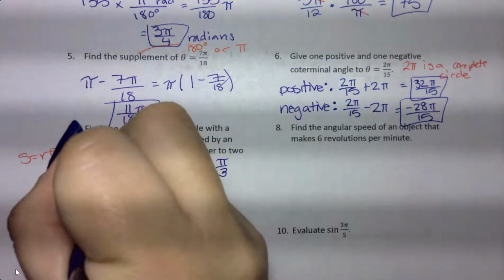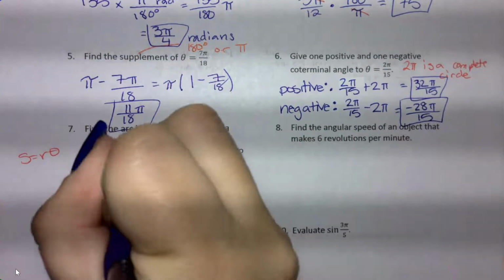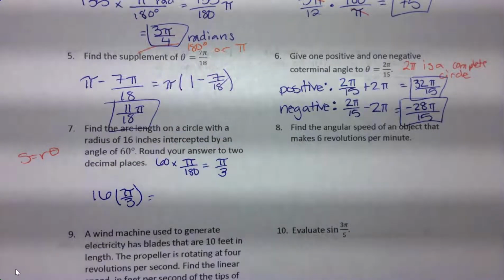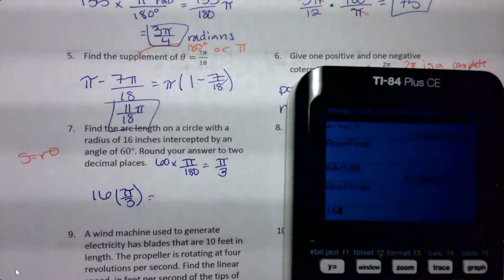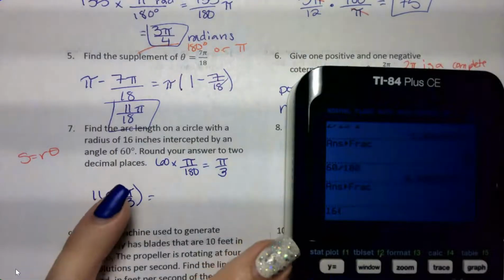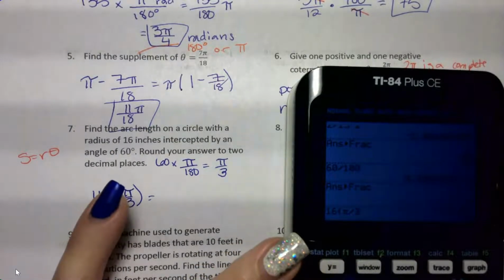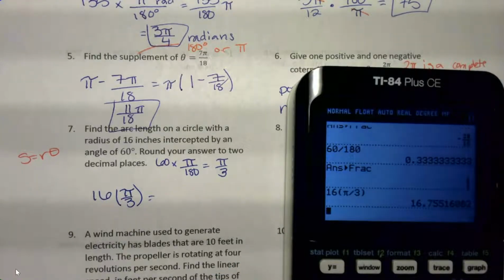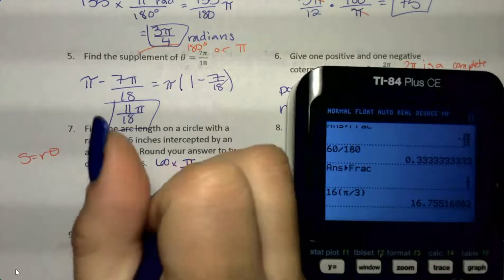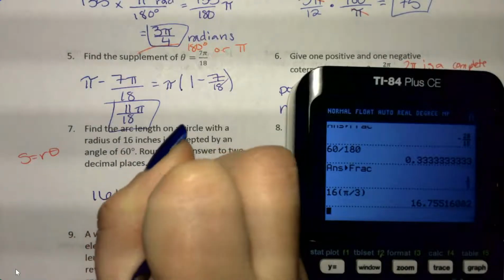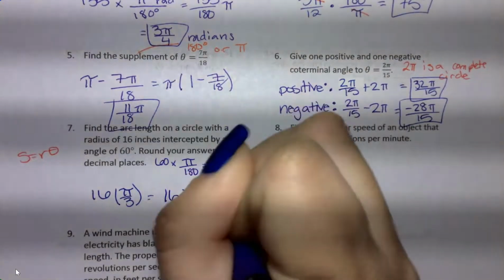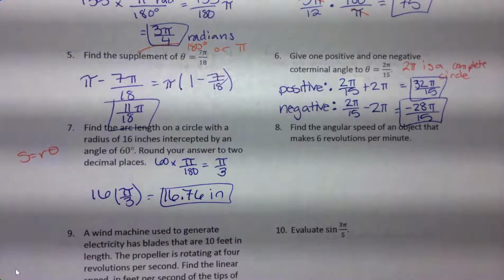So I'm going to have 16, because that's my radius, times pi thirds, which this one wants a decimal, so I'm going to type it all into my calculator. This gets me 16.76. And this was in inches. So don't forget your units on these kinds of questions.